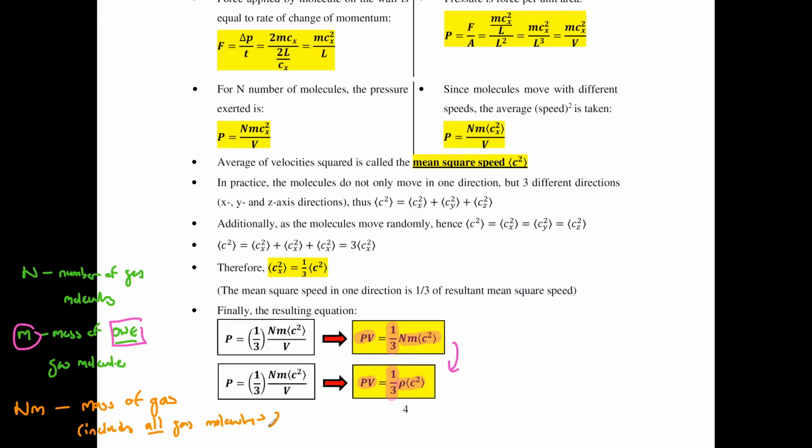All right. So now what you want to see is this. If you look at the equation that you have right over here, if this one is the mass of gas, and this one is volume, isn't this going to give you density? This one here is actually the density of your gas.